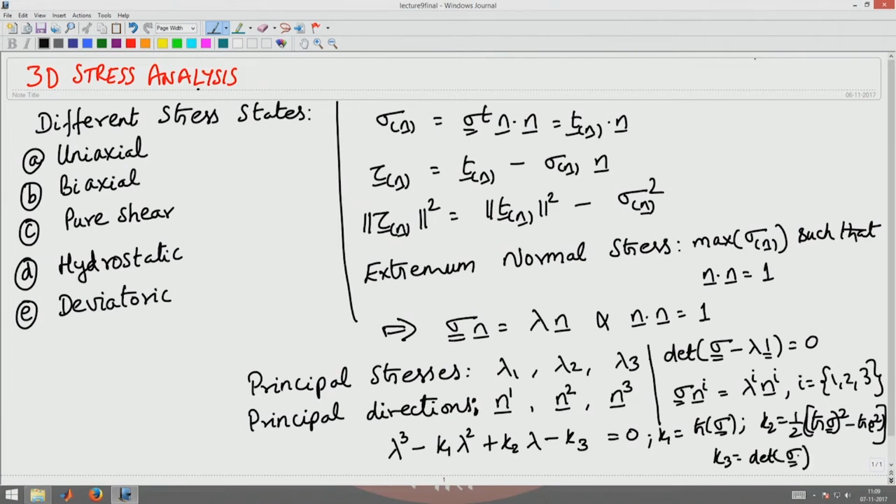Now these k1, k2, k3 are what are called the invariants of the stress tensor.